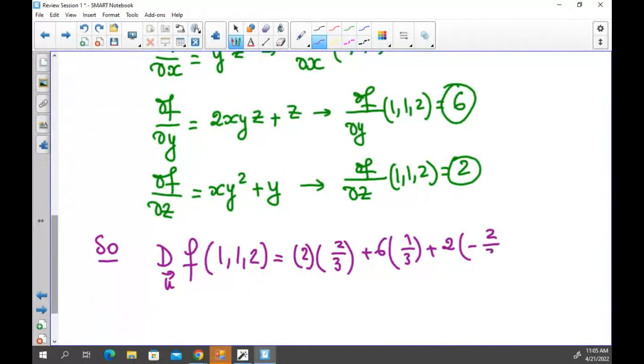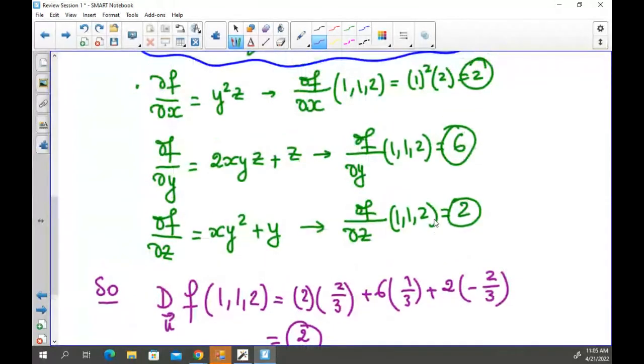And that's it. After that, it's a matter of just multiplying. So this is 4 over 3 plus 6 over 3, 10 minus 4 is 6 over 3. So the final answer is 2. So the directional derivative is equal to 2.